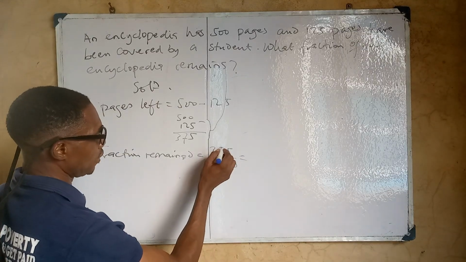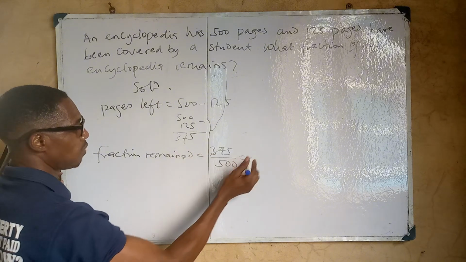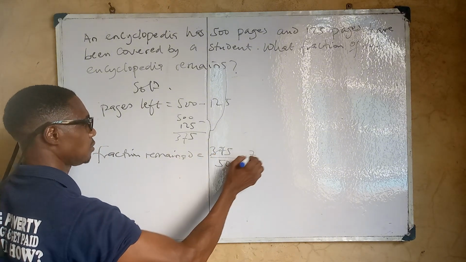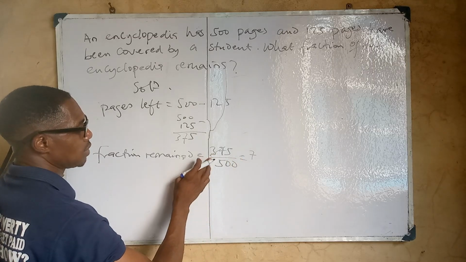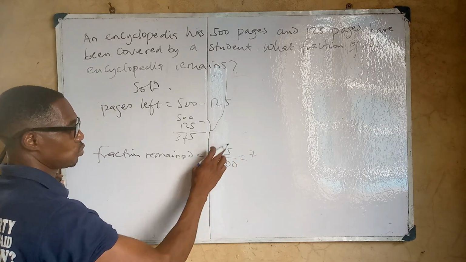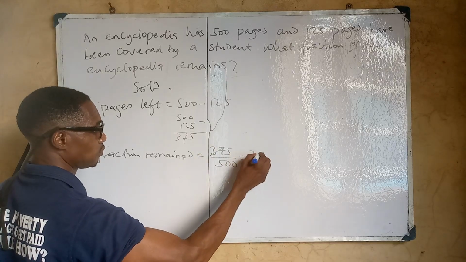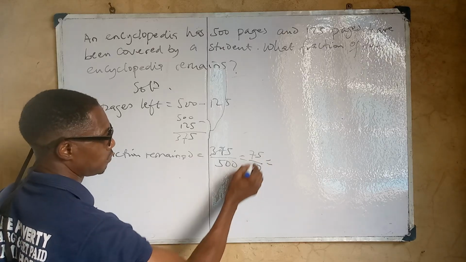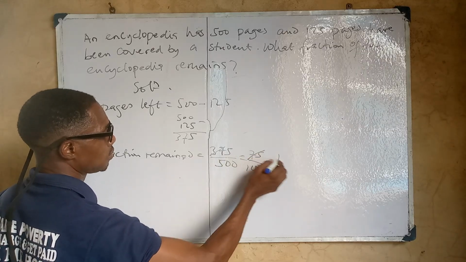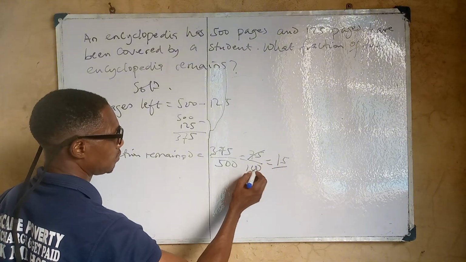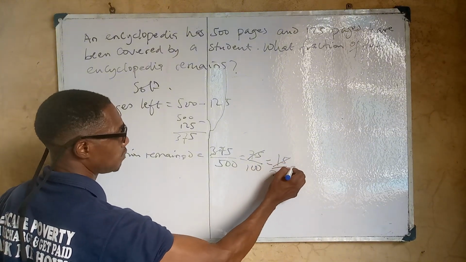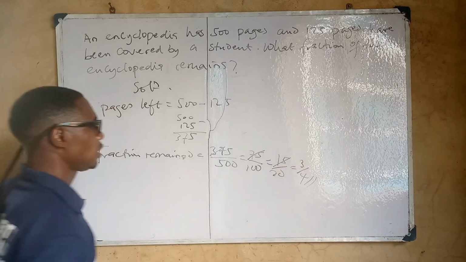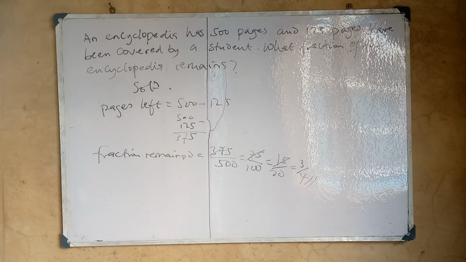We can simplify it by dividing by 5, then by 5 again, and then by 5 again. What do we have? We have 3 over 4. This is the fraction that remains. Right, thank you.